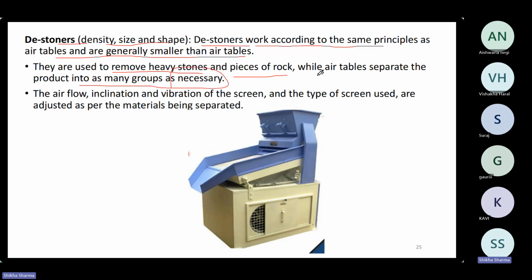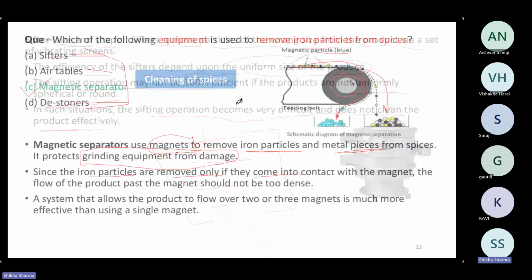Air tables are more efficient, so first we can use destoners to remove the stones, and then we can use air tables for specific gradation of smaller particles. The airflow, inclination and vibration of the screen, and the type of screen can be adjusted as per the material.